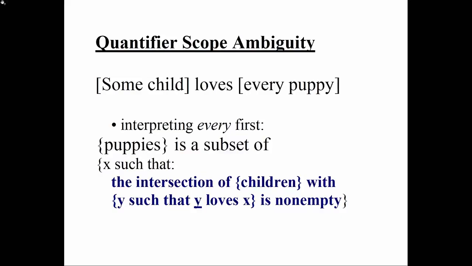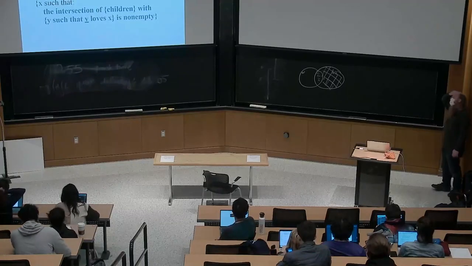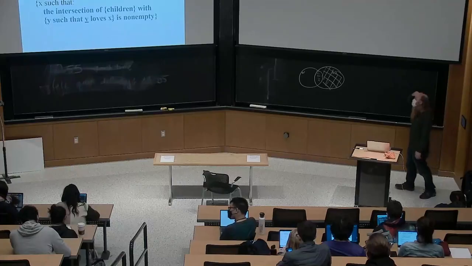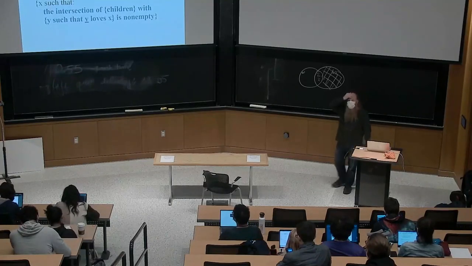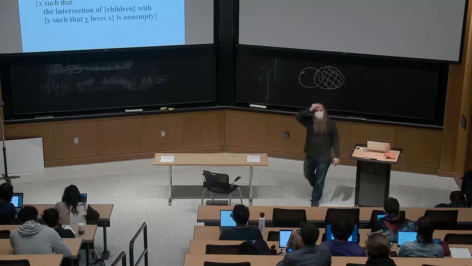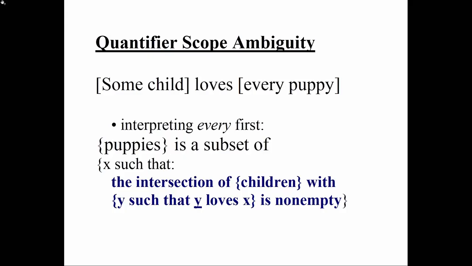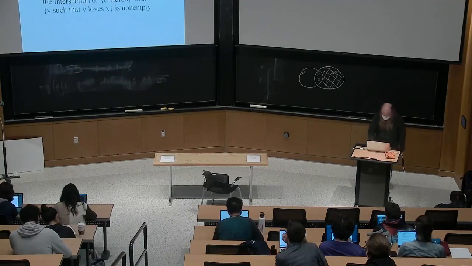So if we interpret "every" first, then this sentence means the set of puppies is a subset of the set of things such that the intersection of the set of children with the set of things that love those things is non-empty. Whew! If we do the operations in that order, we get that reading. That is, the set of puppies is a subset of the things that some child loves. So some child loves many things, possibly, and among those things is the set of puppies.